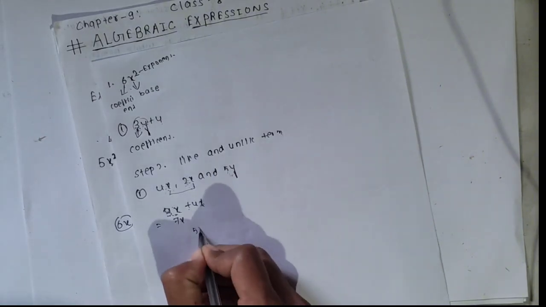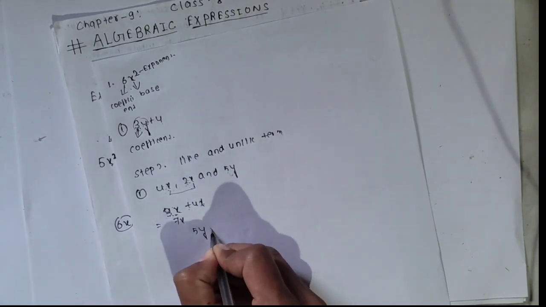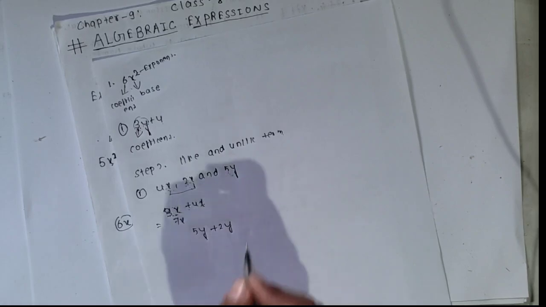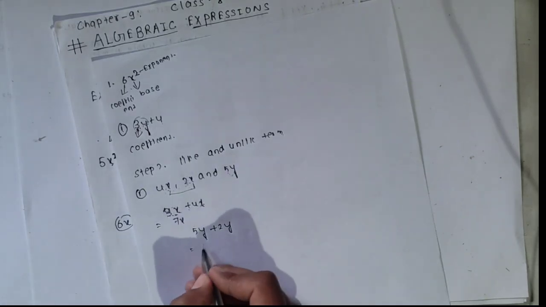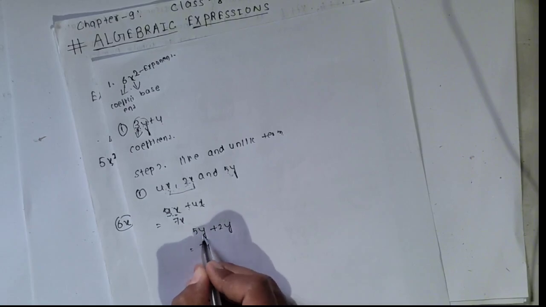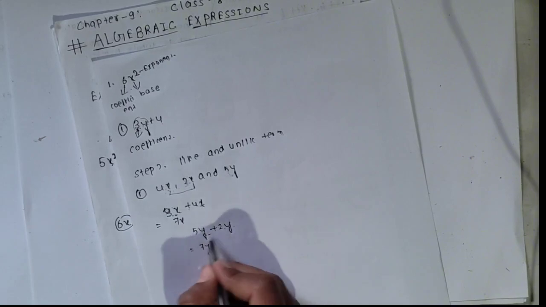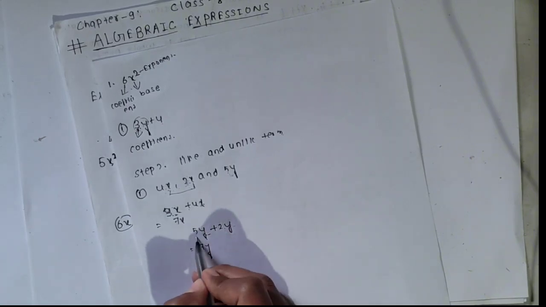Let's practice another one. 5y plus 2y. Who can tell me what we get? The answer is 7y. It also has the same variable, same base y. 5 is the coefficient, or we can call it a constant number.